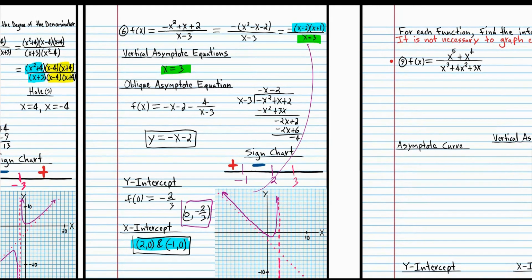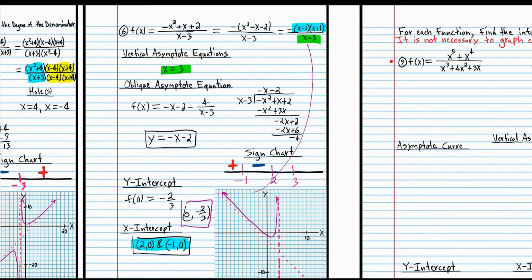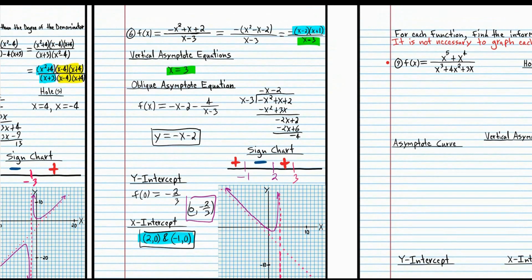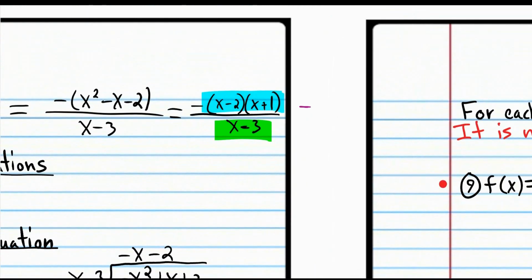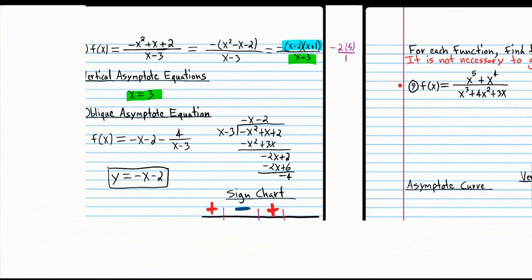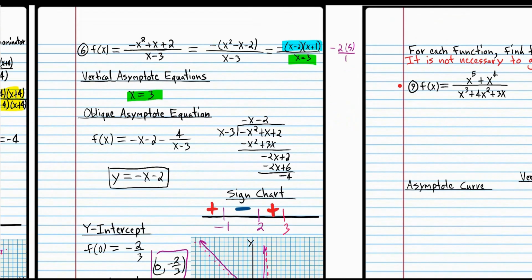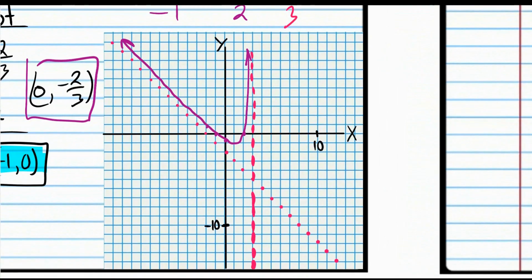Let's try plugging in 2.5, and we get a positive, so that makes sense. And if we plug in 4, we get the following. Negative 10. So 1, 2, 3, 4, all the way down to 10.